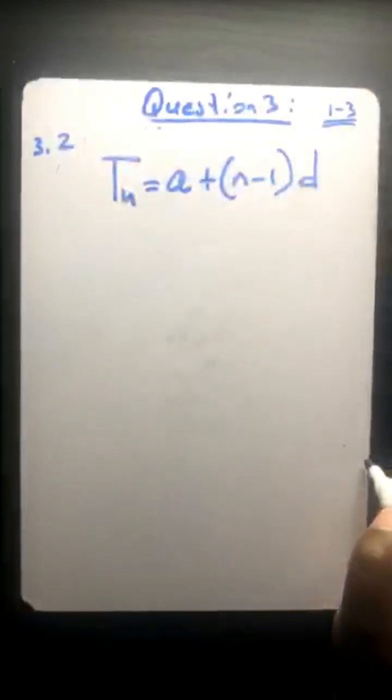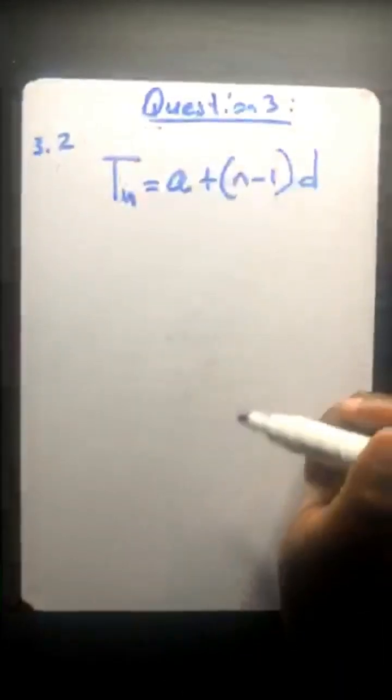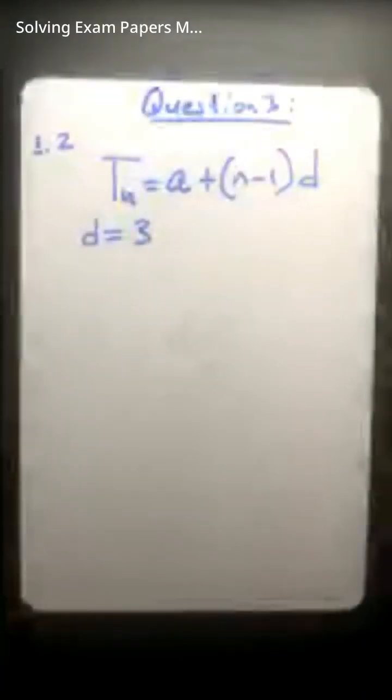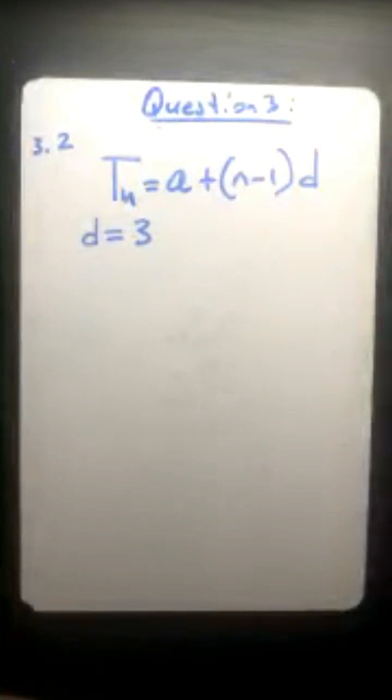I'm just trying to explain to you guys that in situations where you're given a statement which is a bit tricky or feels vague, try to write down all the information that you know. They are saying the difference is equal to 3. That's what we know.